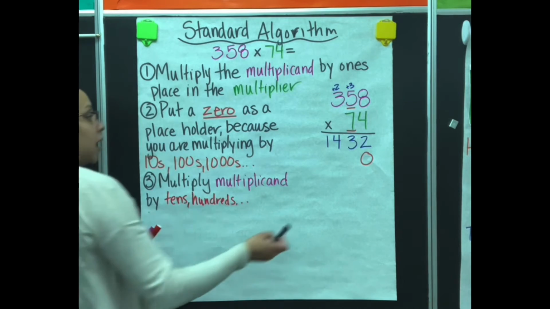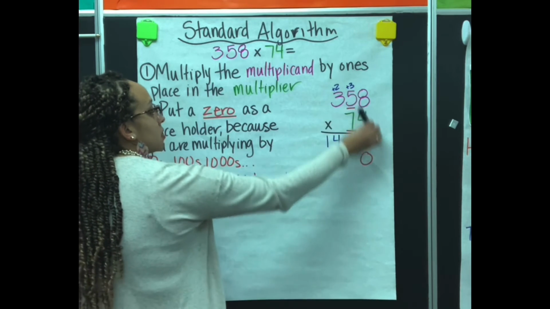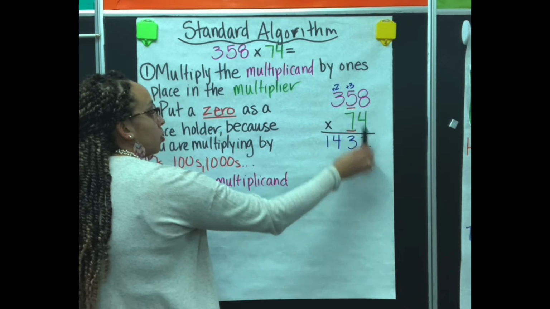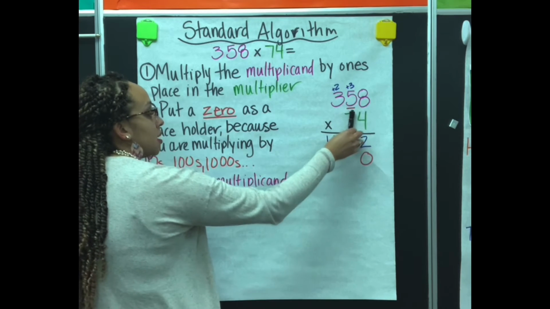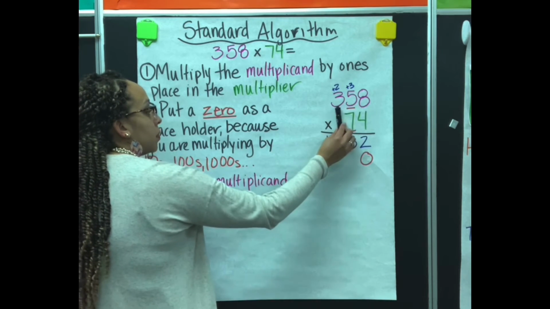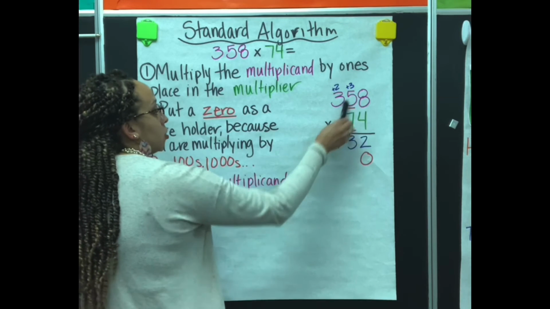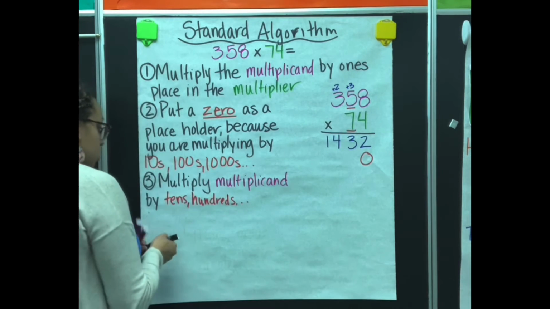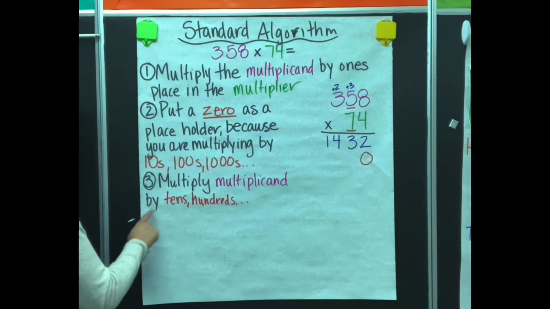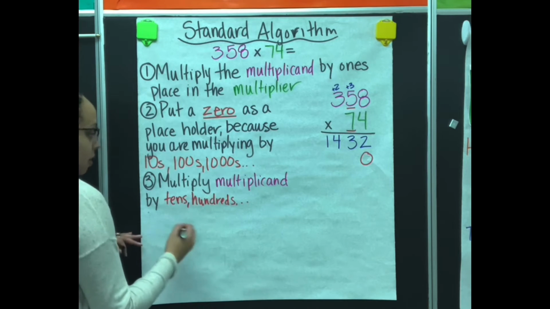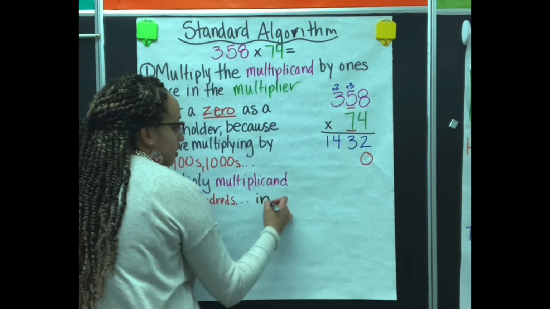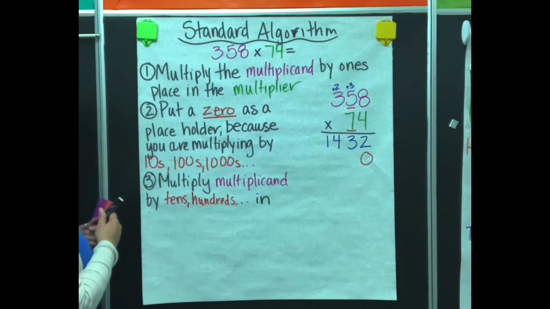So after you do the ones place, you put a placeholder for whatever place this number is in, you multiply it, then you put a placeholder for whatever number this is in, and you multiply it. So we multiply the multiplicand by tens, hundreds, in the what? What is this number? The multiplier.